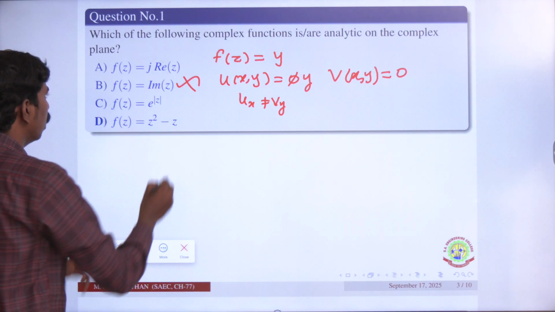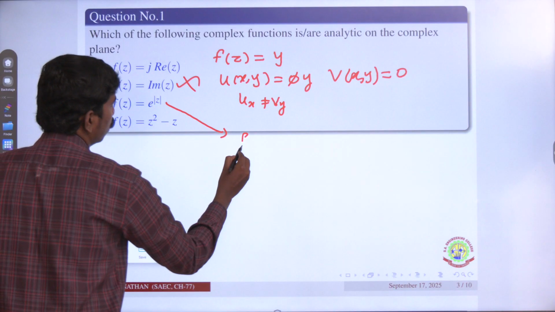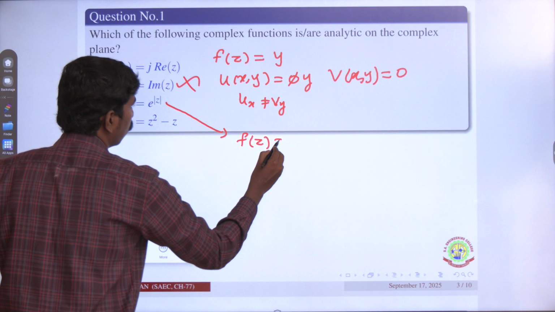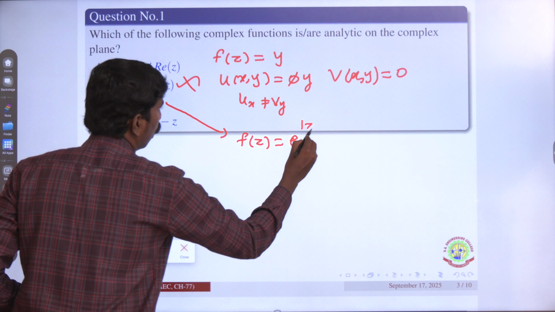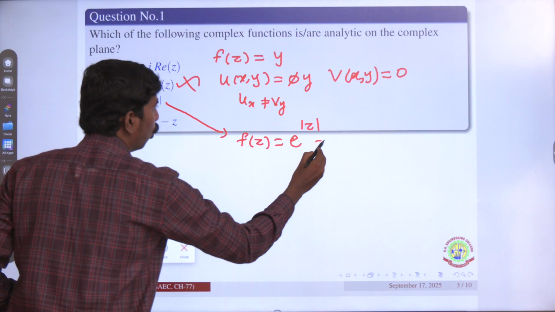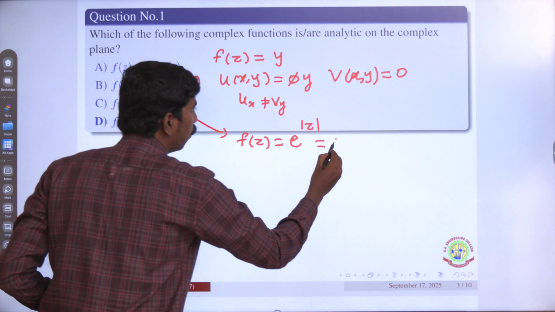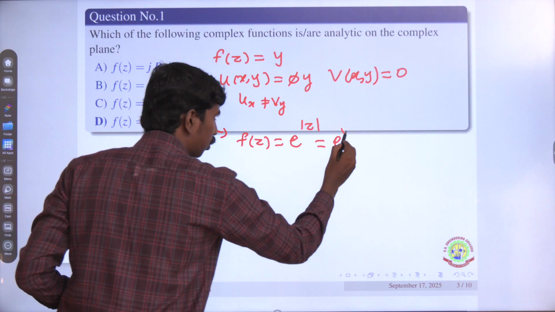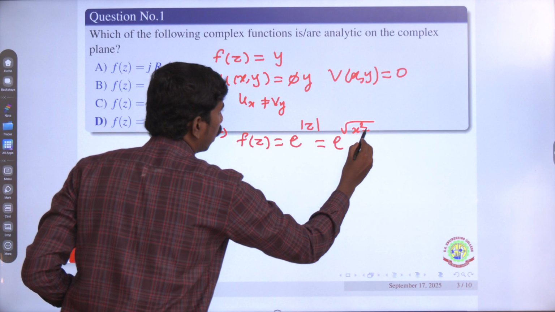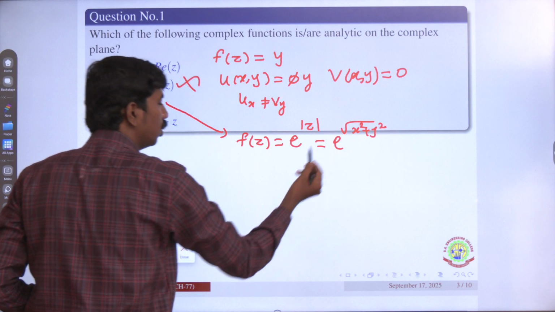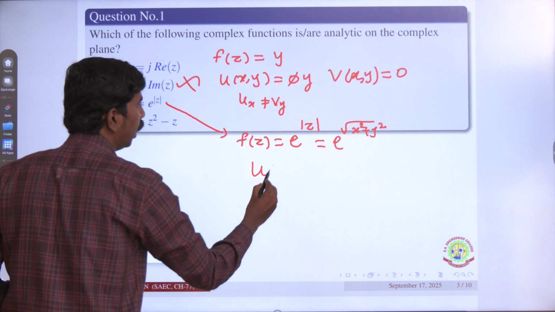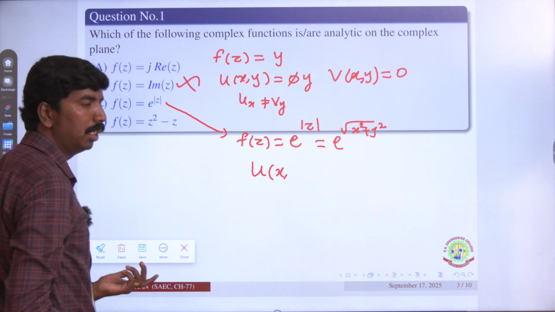Then we will go for the third one. What they have given is f of z equal e power modulus z. So modulus z can be written in the form of e power root of x square plus y square. Similarly here also you will get no imaginary part.